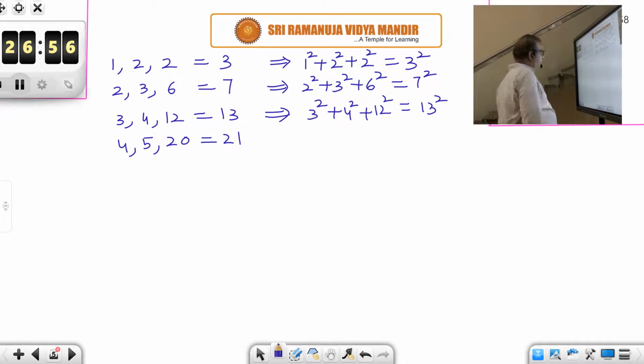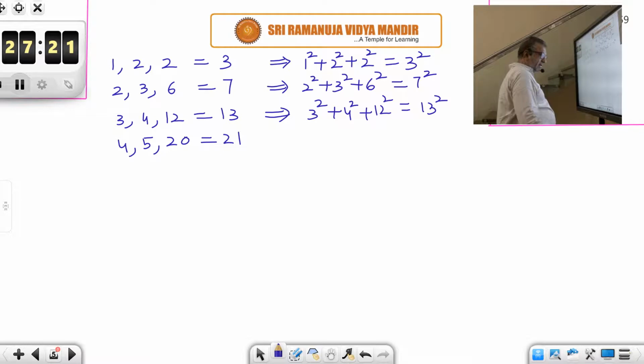What is the next one? Monish, you have raised your hand and you are not talking. Sivasai Subramanian, please answer. What is the next one? Subramanian. Sir, it is 4, 6, 24 is equal to 25. Wrong. Completely wrong. Okay.